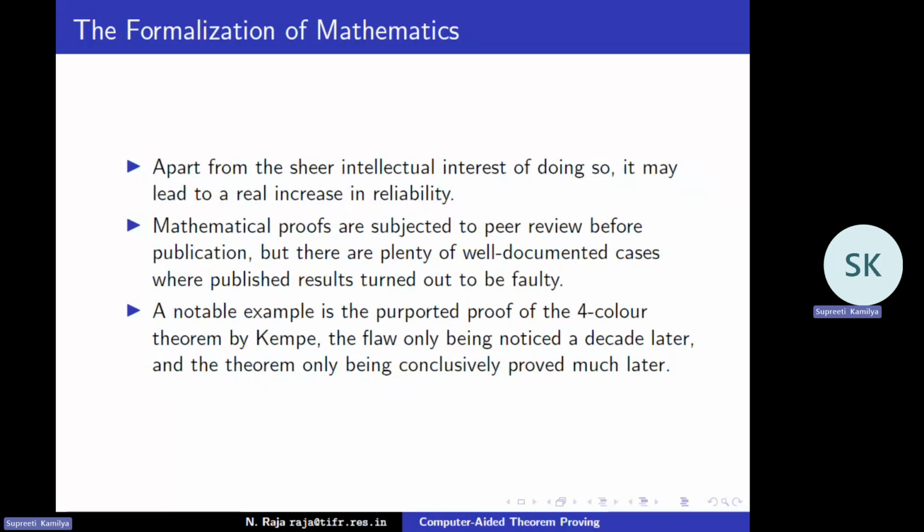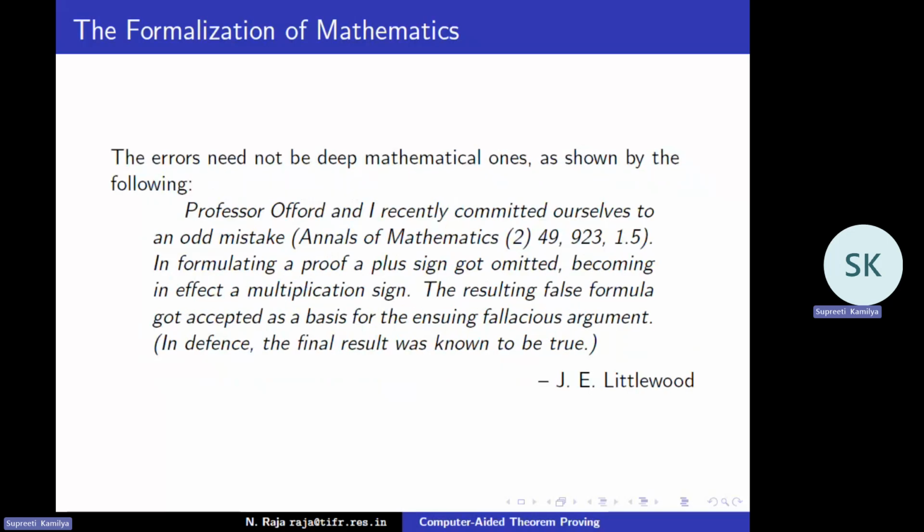There was a flaw which was noticed only about 10 years later. And then of course somebody came up with a corrected proof, and so it was conclusively proved only much later. These are the kind of things that we hope to be able to eliminate with interactive proof assistants. If I have a proof and the computer verifies it, I can detect errors in it much earlier.